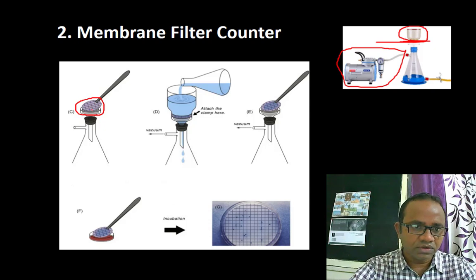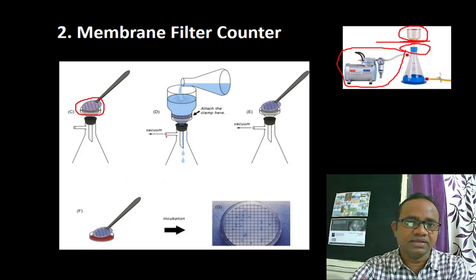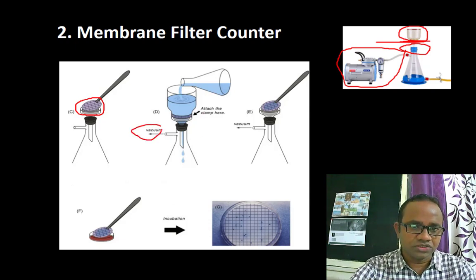So first we put this membrane filter over the disc like this, and then we add our sample with the bacteria, okay, and then through the vacuum or suction the whole liquid medium comes from the top to the bottom.